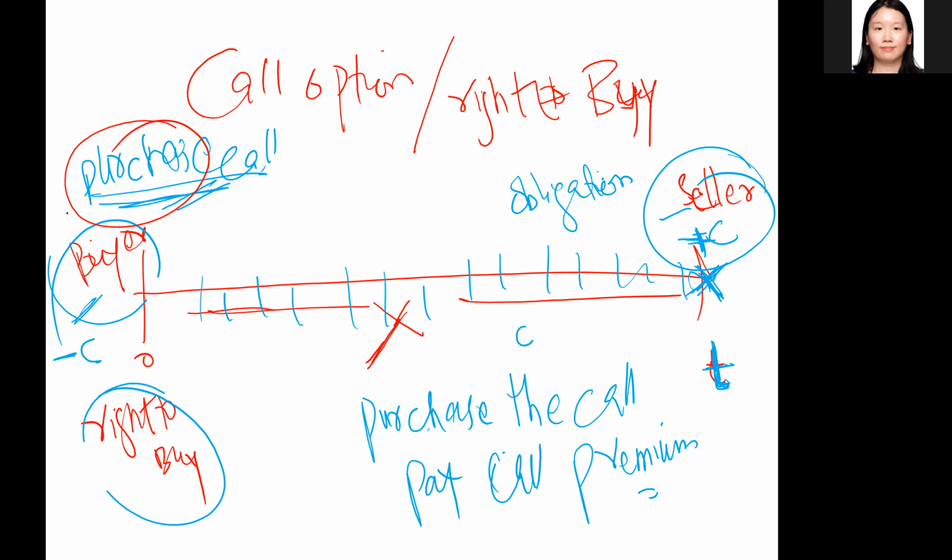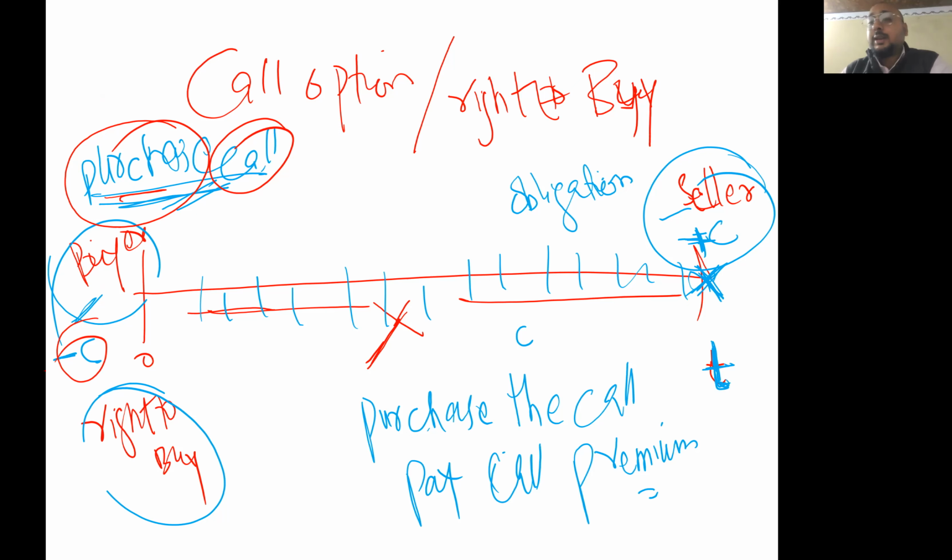Pay premium. Those who purchase the call want to purchase a choice, and choice is not free. You have to pay for the choice, and the payment for the choice is the call premium. So the person who is giving away his right of choice receives the call premium.